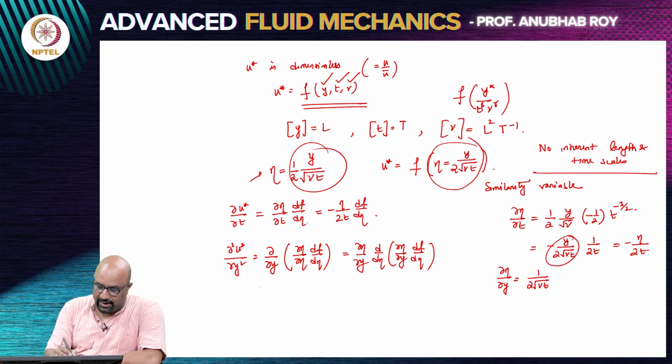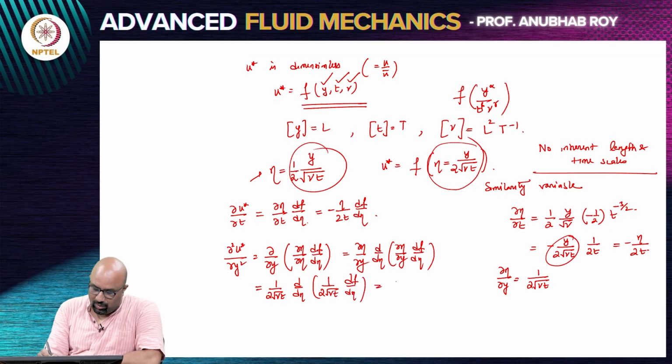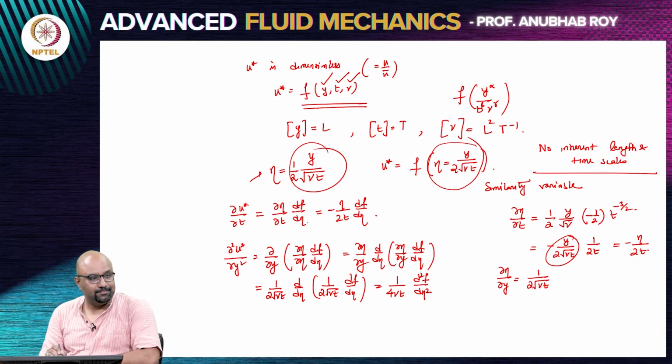Now, dou eta dou y is 1 by 2 root nu t, so I have 1 by 2 root nu t d d eta of 1 by 2 root nu t df d eta. I can pull out the t from there and I get 1 by 4 nu t as d square f d eta square.